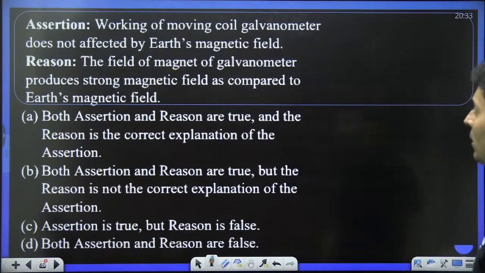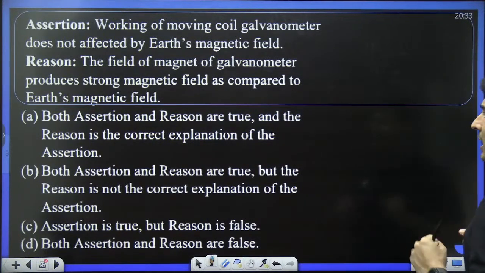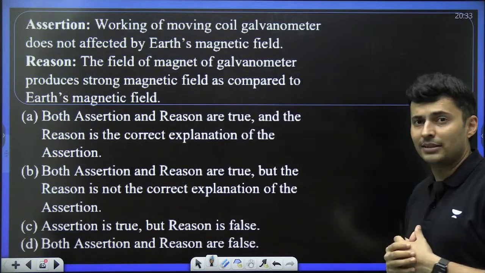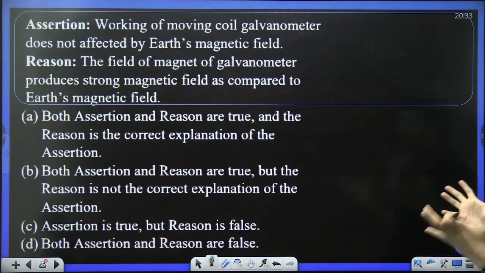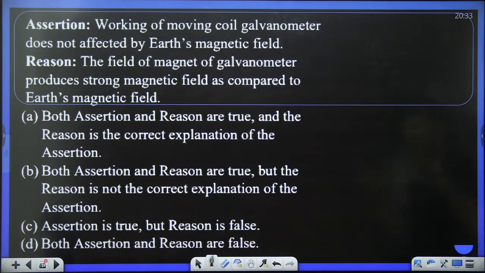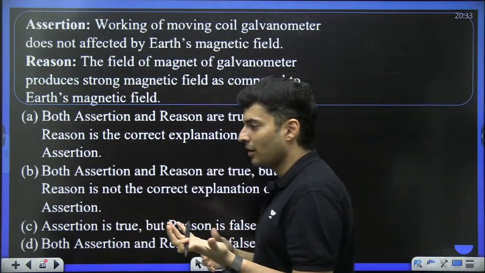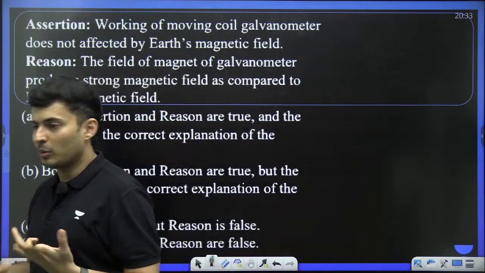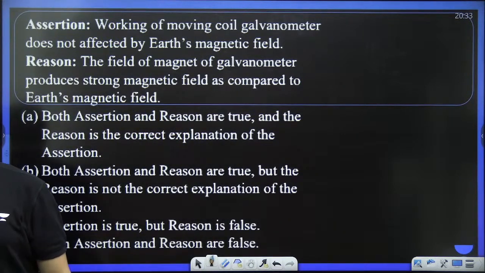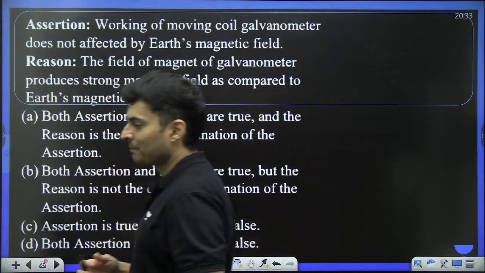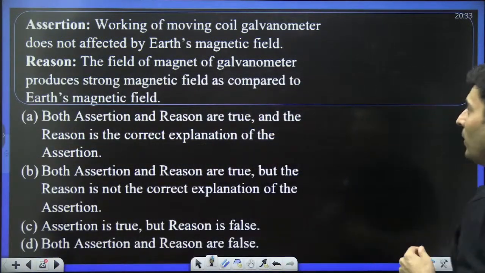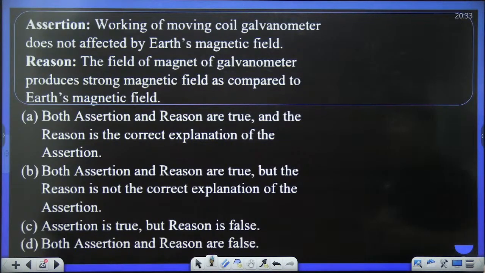Assertion-reason type. Assertion: working of a moving coil galvanometer is not affected by the Earth's field. Reason: the field of the magnet of the galvanometer is strong as compared to the Earth's field. What do you think? Is it correct, wrong? Is it the correct explanation, or are both wrong? Come on, think about it. Is the working of a moving coil galvanometer not affected by the Earth's magnetic field?